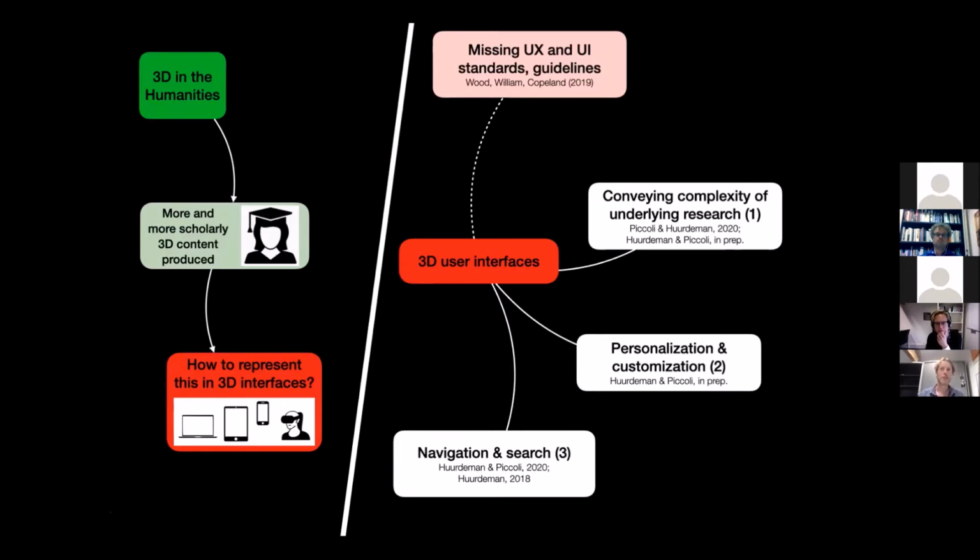You have guidelines, but for 3D content, that is very much less there. So in this presentation, I will look at three important issues in our work. First of all, conveying the complexity of underlying research. Chiara mentioned this already a bit. Then personalization and customization in 3D interfaces, and navigation and search.